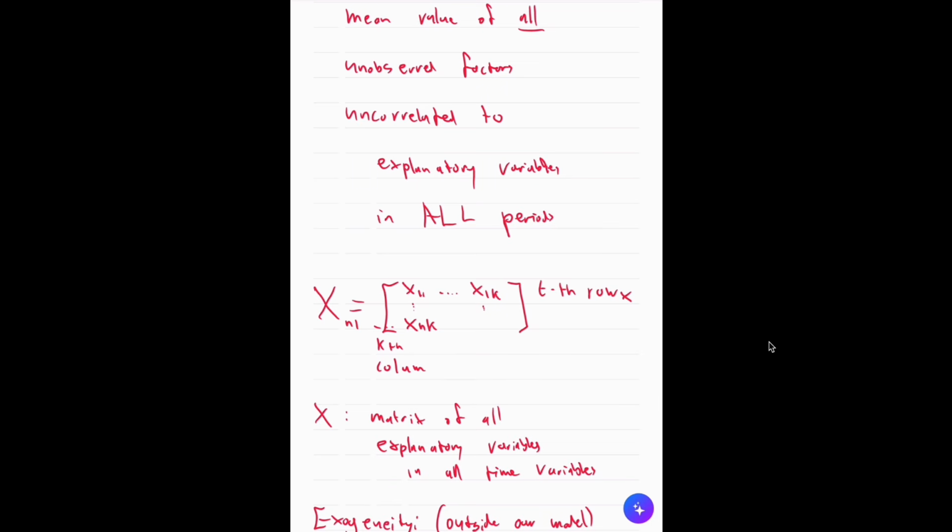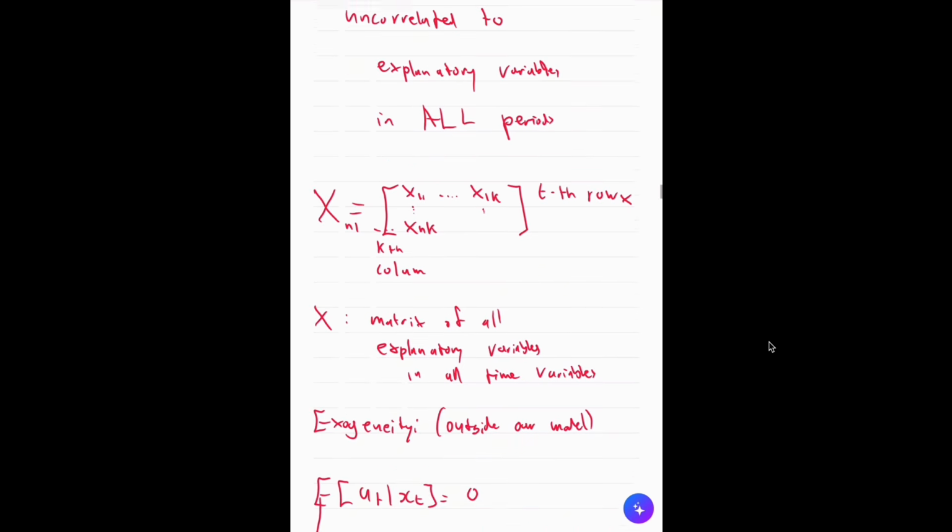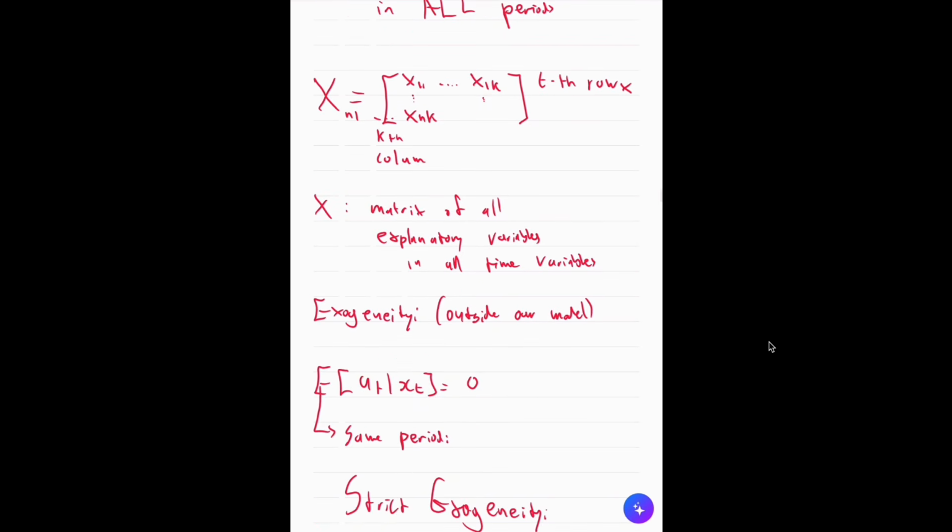For example, x_11, x_12, x_13 is the first explanatory variable in given years, and then down to x_nk, that would be a given explanatory variable over all time. Sorry, I'm getting the indices a bit confused, but basically that big X just means all explanatory variables over all of time, right? And when we say exogeneity, we mean outside of our model.